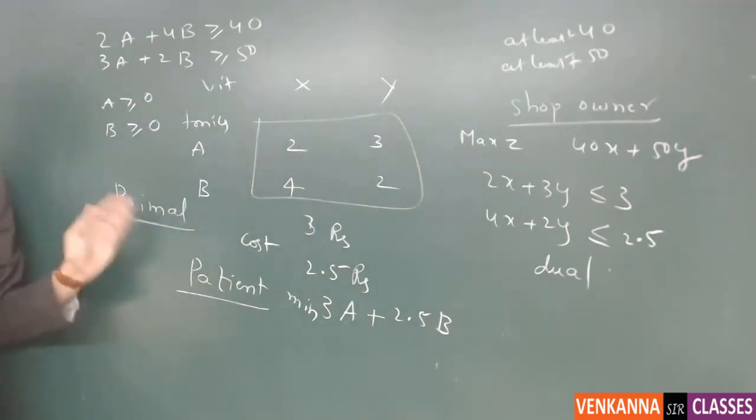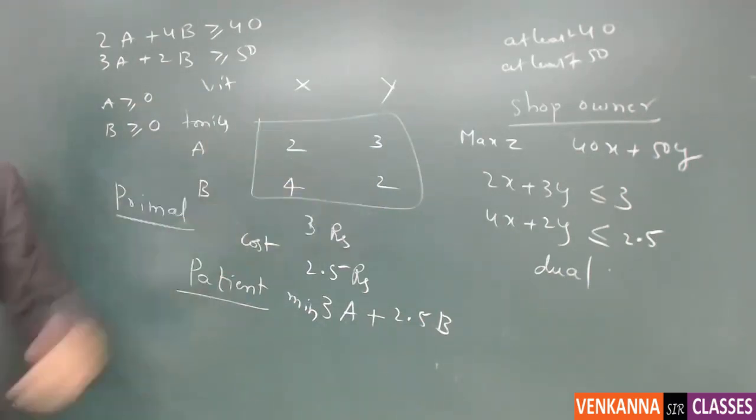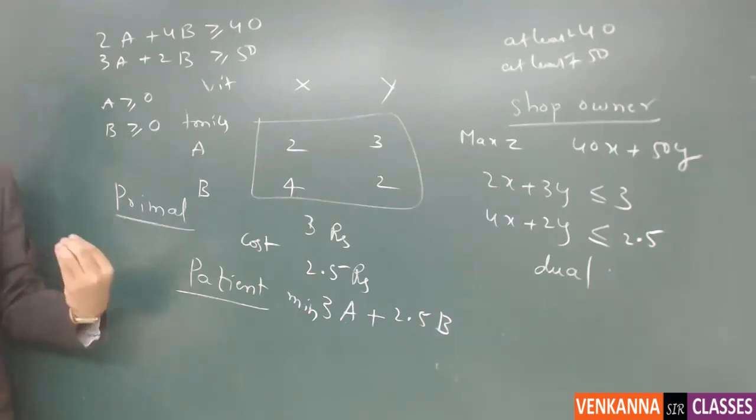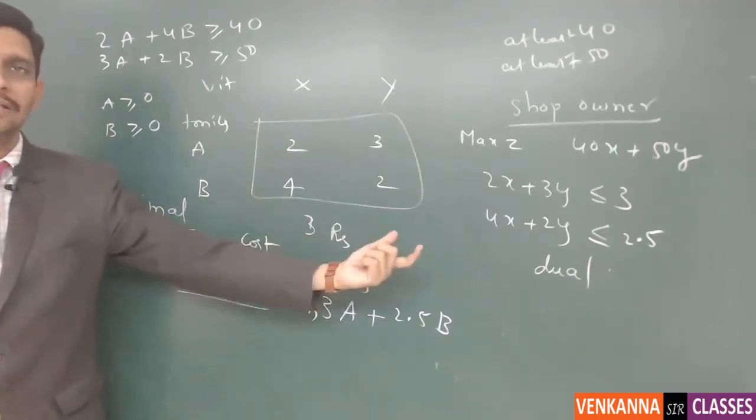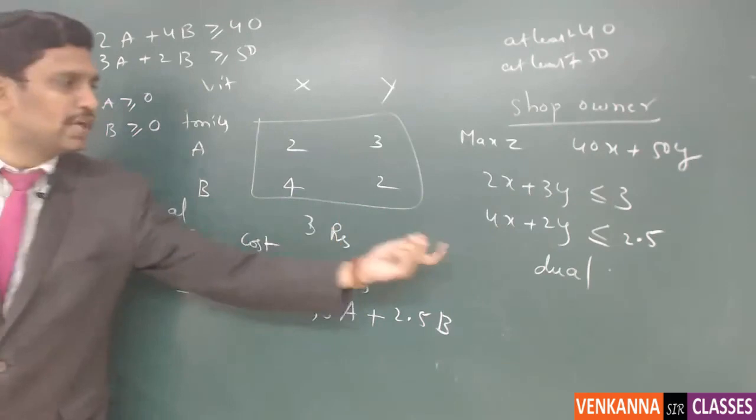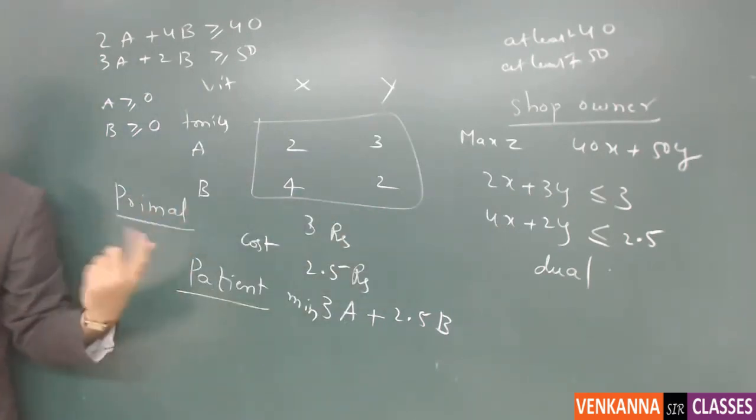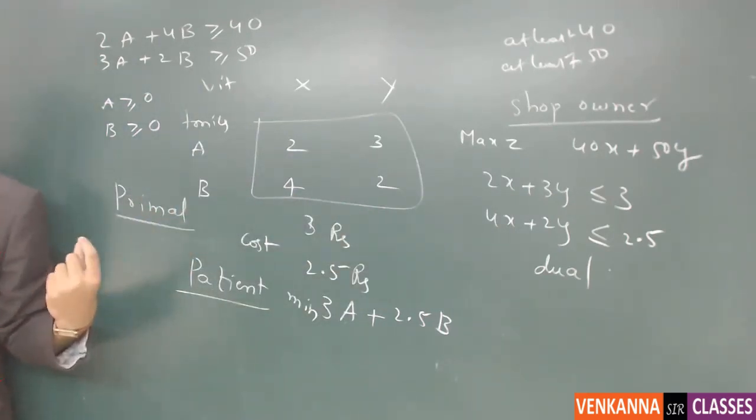One solution will give the solution of the other also. You can find the solution of primal from the dual as well as the solution of dual from the primal. They are interconnected.